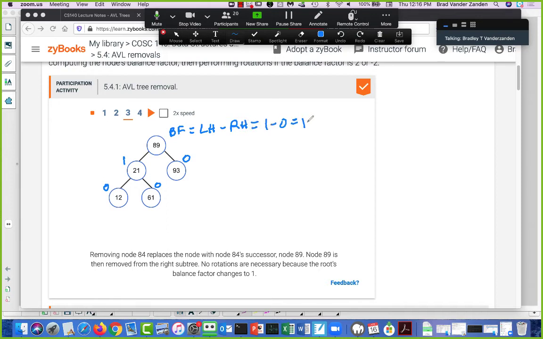So everything is balanced. After we delete 84, the tree was balanced and we didn't have to do any rotation. Sometimes that happens, and that's obviously the best case.